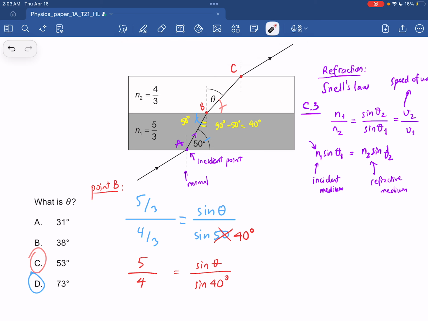So you can clearly see that this angle should be greater than 40, so it cannot be either A or B, right? So let's see, basically just the arcsine. So just use the calculator.